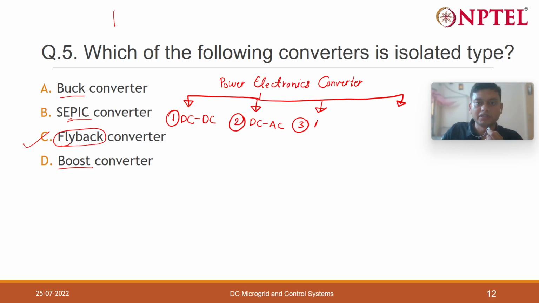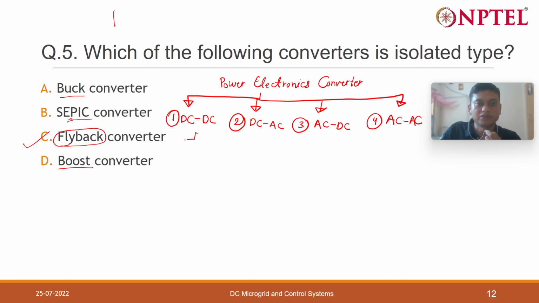And third one is AC-DC, that we call rectifier. And fourth one is AC-AC, of which there are two types, that is cycloconverter and AC voltage controller. So here we will see just the DC-DC converter.